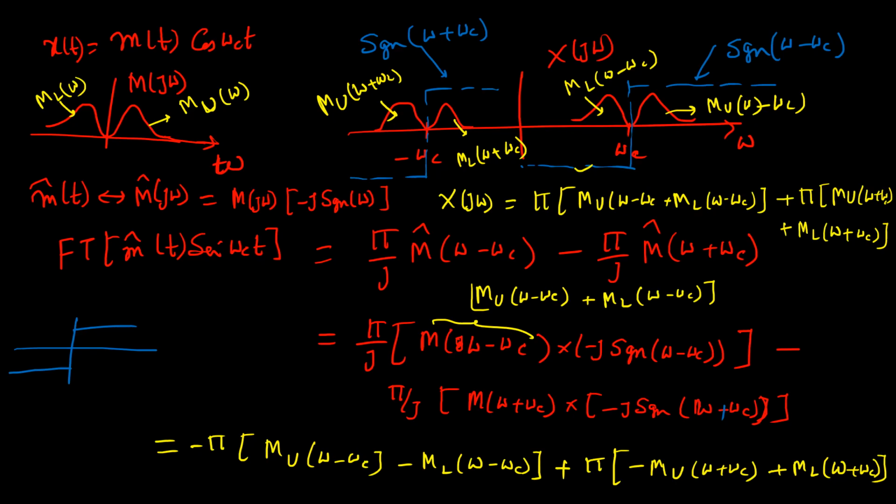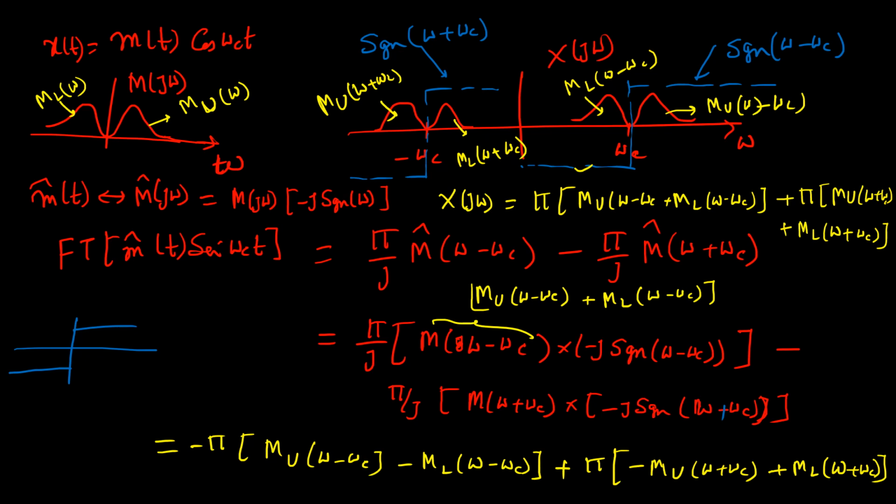Okay, now you see, if I simply subtract these two, what will you get? If you subtract these two, M_u of omega minus omega c and this M_u, this minus a plus, remain there. But this one is plus and it again minus, this will cancel out. So M_l will cancel out. Similarly, you see M_l is also cancelling out on this side. So what is happening? You will get the Fourier transform of these two.